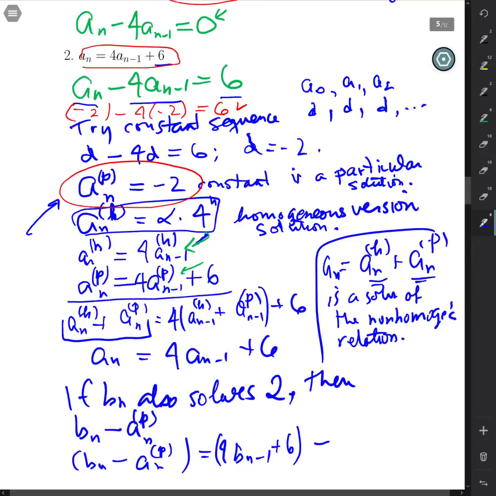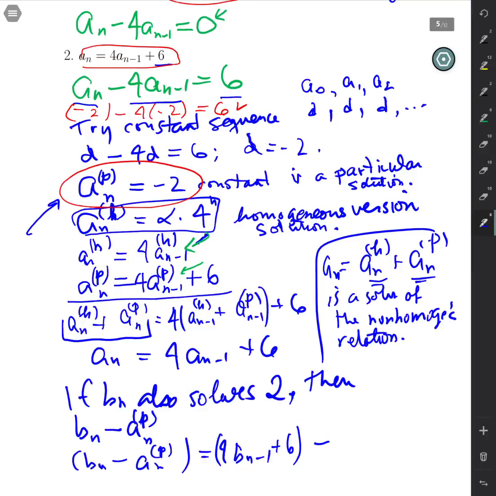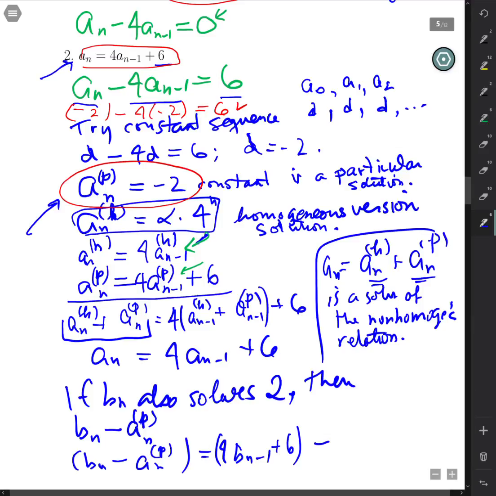b_n solves this equation right here, and so does a_n^p. That would be 4a_{n-1}^p plus 6. The 6's cancel, and we have 4 times b_{n-1} minus a_{n-1}^p combined like so.